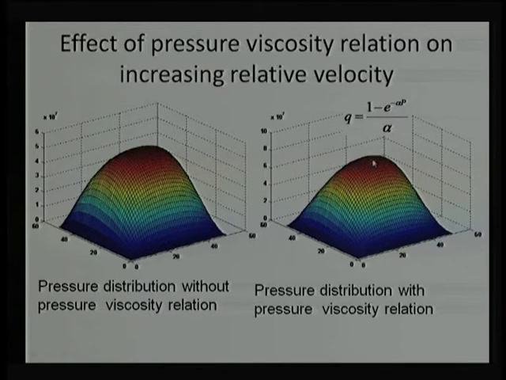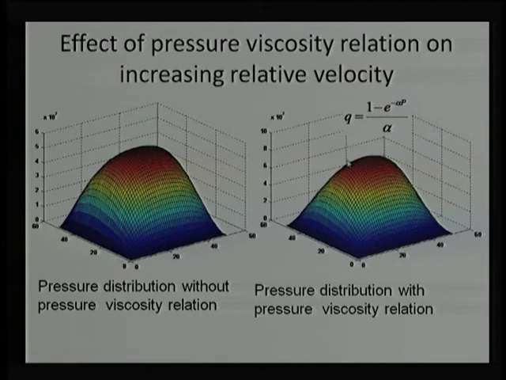We are able to see the maximum pressure is crossing the 40 megapascal, while in this case it is not crossing the 40 megapascal. A substantial change. This is what we try to convey when we incorporate viscosity variation in the Reynolds equation. There is going to be a change in pressure, and if we do not account for it, we are going to predict a lower load carrying capacity compared to what it should be.